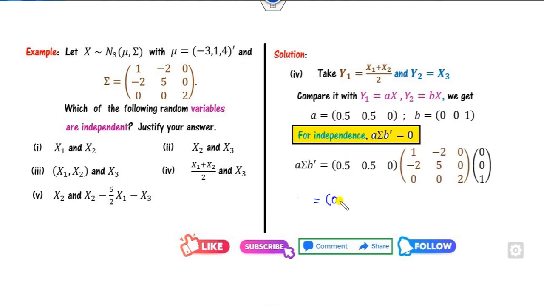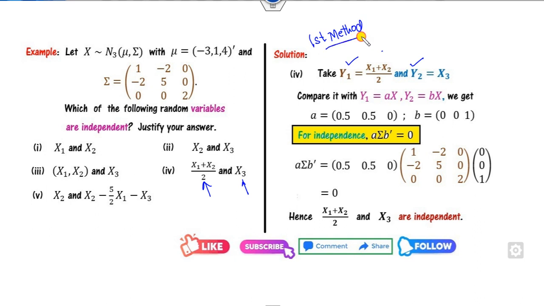First number is 0, second number is 0, third number is 0. Now multiply them: 0 plus 0 plus 0 means 0. Hence this is independence. Therefore y1 and y2 are independent. y1 is my x1 and these are independent. This is my first method.